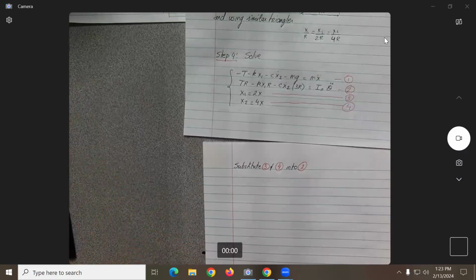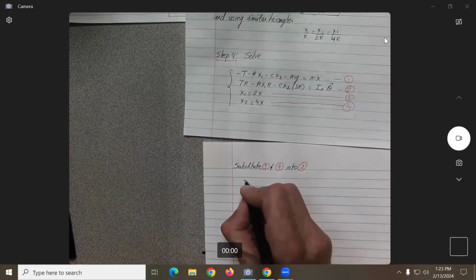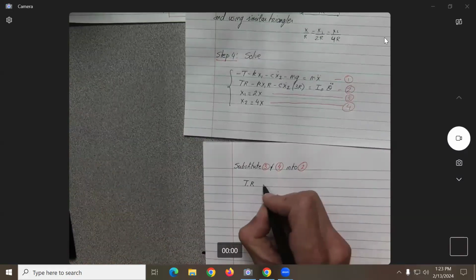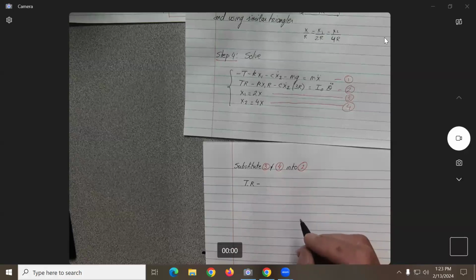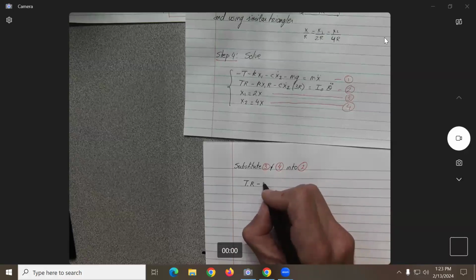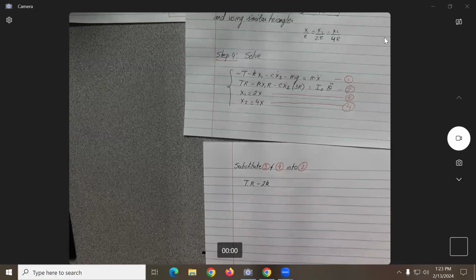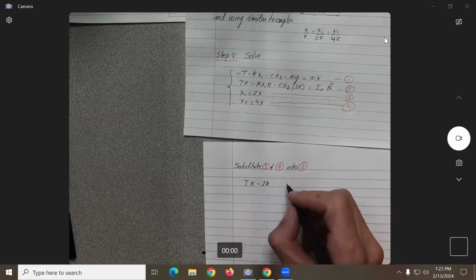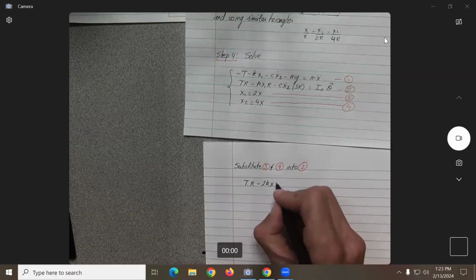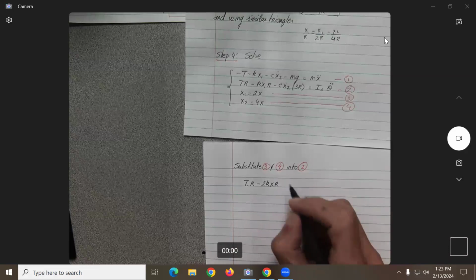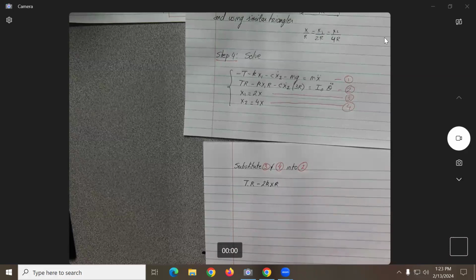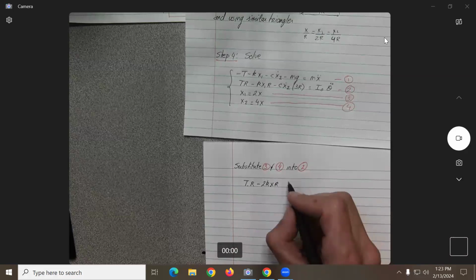Okay. All right. So basically what do we do here? We're going to have T times R minus, what was x1? So it should be minus 2k x R, maybe put R x, I think would be more accurate, but since I put x R, tell me x R is fine.